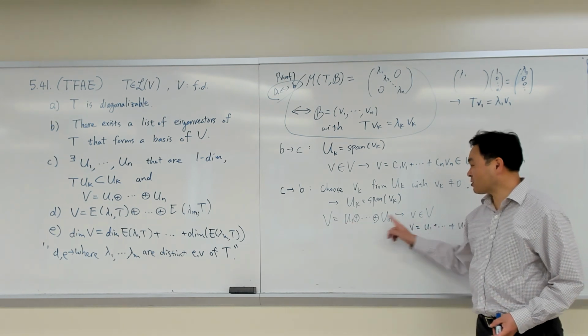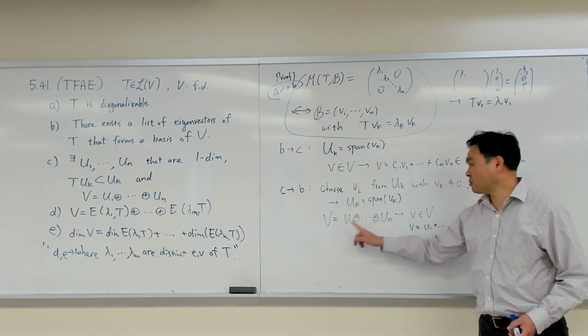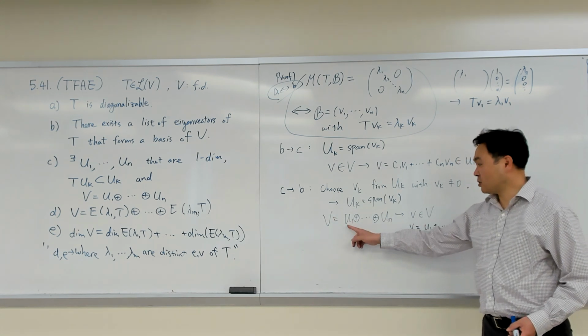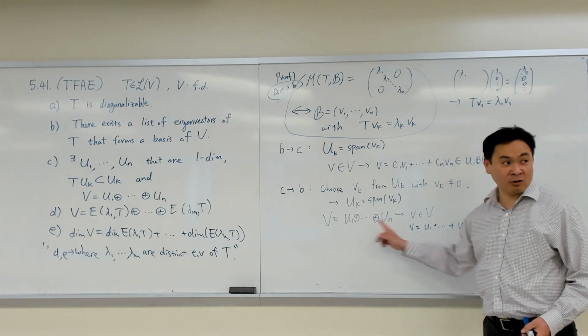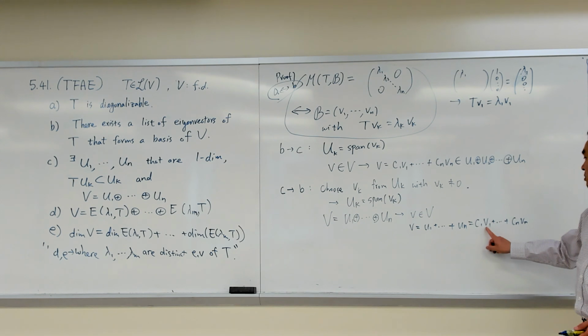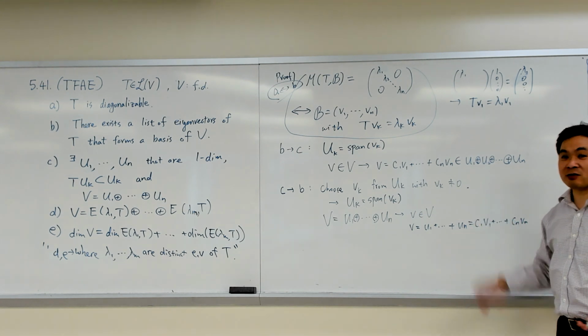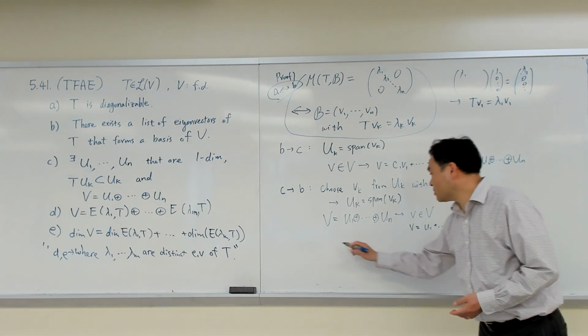If you have a direct sum, the dimension of the entire sum is the sum of the dimensions of each summand, each of the subspaces that make up the entire vector space. Therefore, what we've done is found a list that has length n, the same as the dimension of V, that spans the whole thing, so it's a basis.